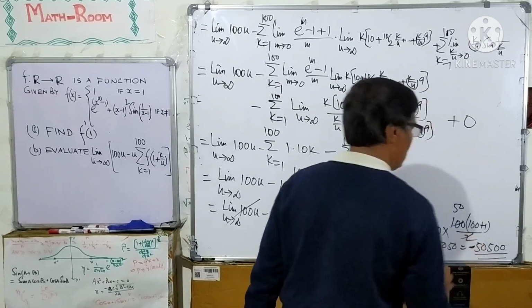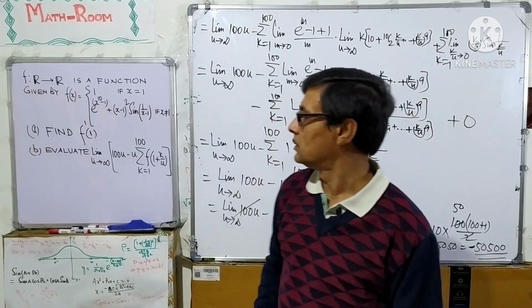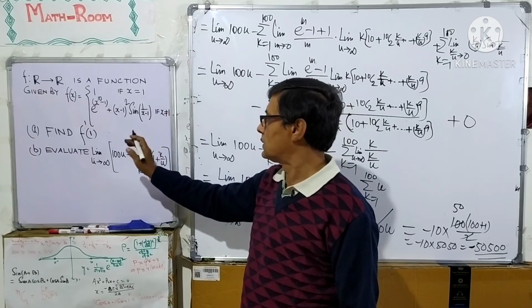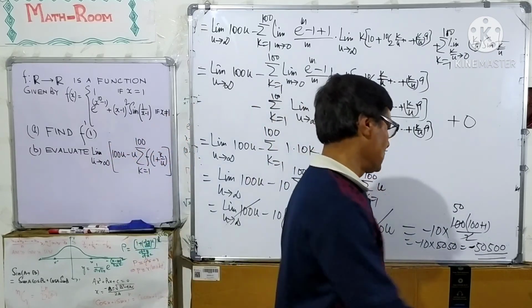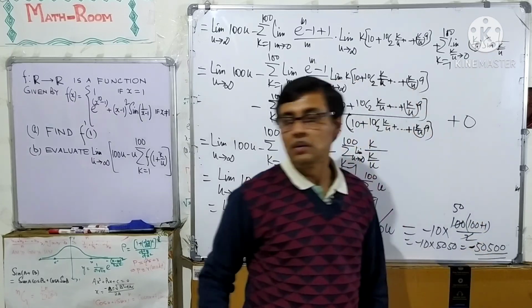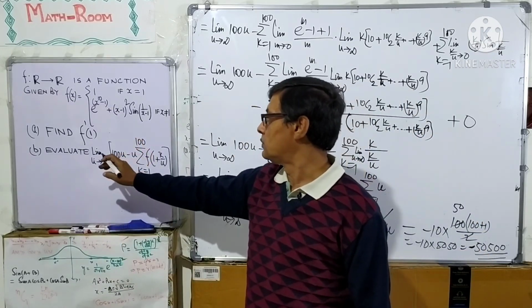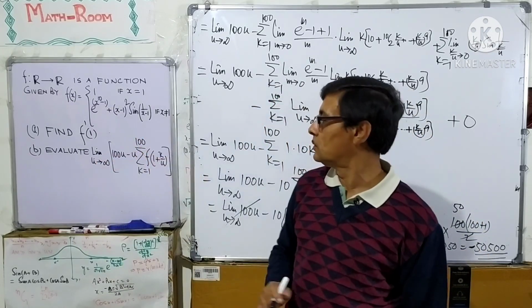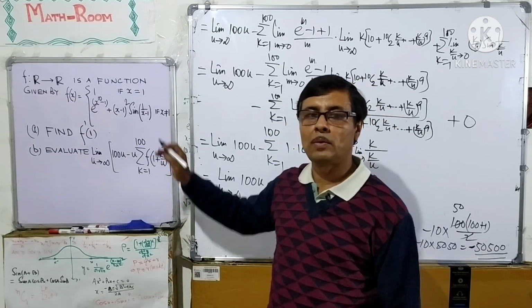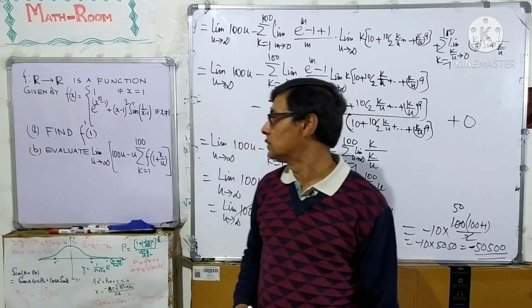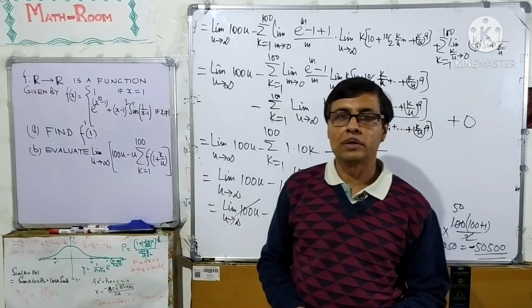We have got the value of this limit. We have determined the value of this limit as this. This is the value of the limit as u tends to infinity of 100u minus u into the summation k equals 1 to 100 of f of 1 plus k over u. Thus, we have solved this problem.